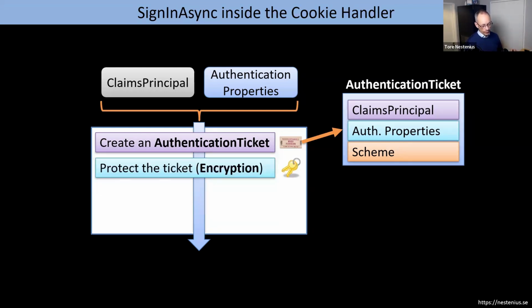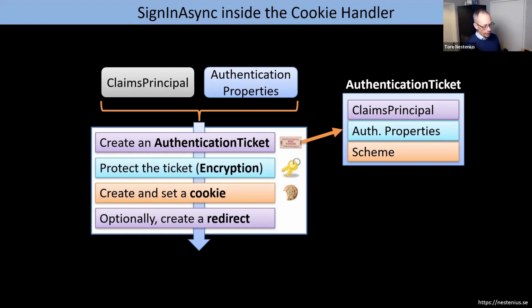And then you encrypt this ticket using some data encryption, and we'll talk more about encryption later on. Then you take the encrypted data, put it in a cookie and send it back to the browser. And optionally, you can do a redirect to some other page where you want to end up after you have signed in. So this is what happens inside the cookie handler.